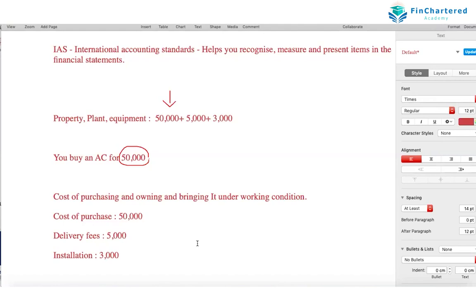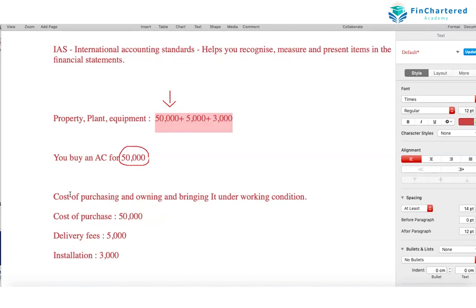No. So all the expenses, all the money spent in purchasing the asset, in owning the asset, or in bringing it under your ownership, maybe some legal fees, and bringing it under working condition needs to be capitalized here, included in the value of the asset. Right?